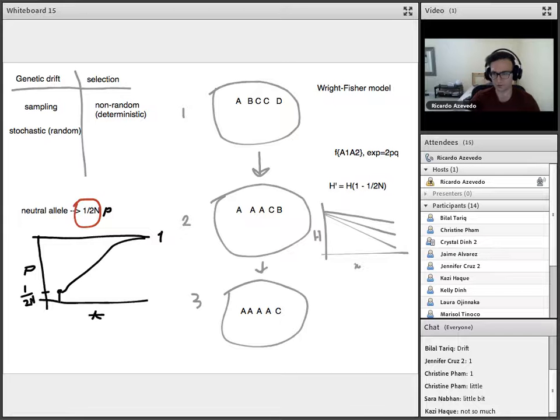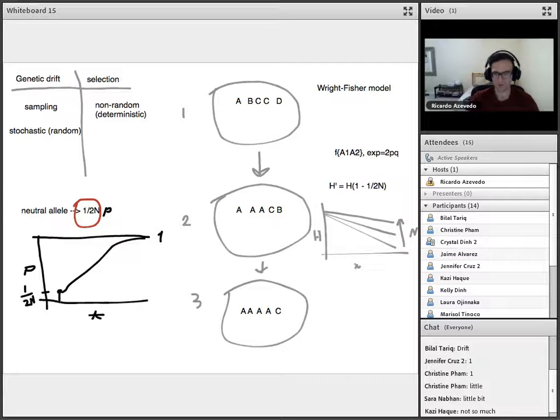The population size in these 3 trajectories goes up as you go to a bigger population. So the change in heterozygosity is going to be more dramatic as the population size decreases.